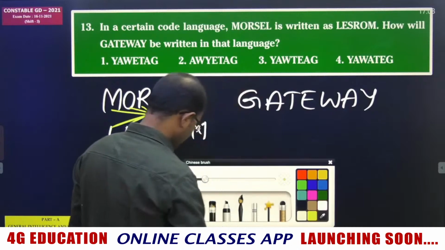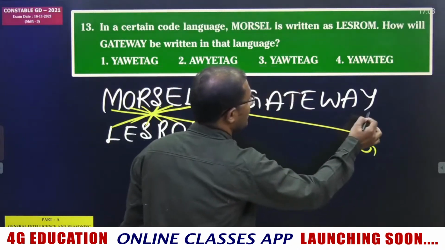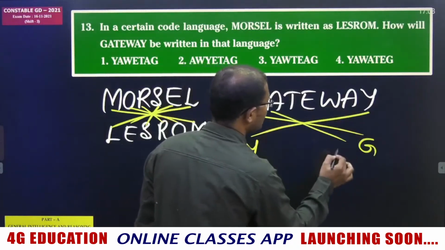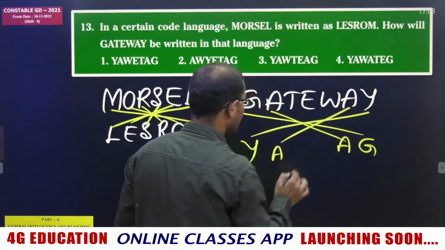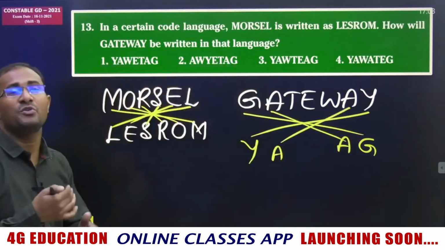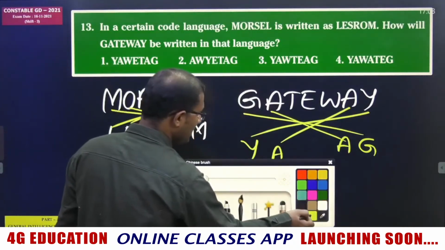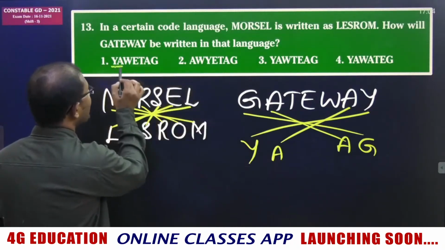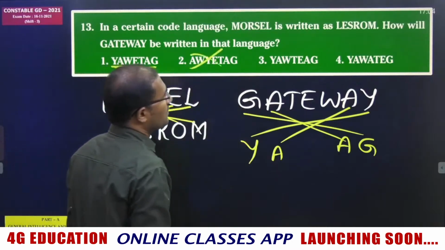So here also the last letter G has to be written at the last place, so Y has to be present in the first place, and A has to be at the second place from the right side, and A has to be here. Now with the help of these 4 letters I am going to shortlist the options. The first 2 letters must be YA, and the last 2 letters must be AG, but here it is not.